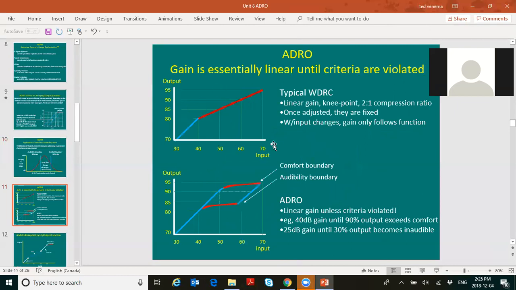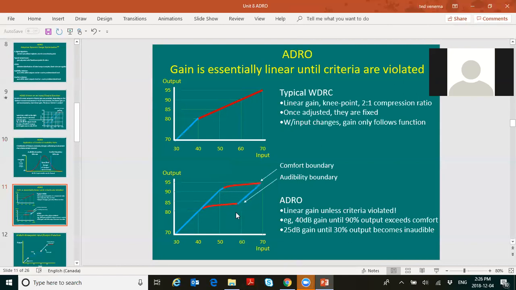Here's typical WDRC on the top, low knee point, low ratio, and it's fixed. ADRO does this. It'll provide most linear gain, provided that the audibility is still there. But if 90% of the aided output is no longer below the guy's UCL, it will reduce the linear gain.